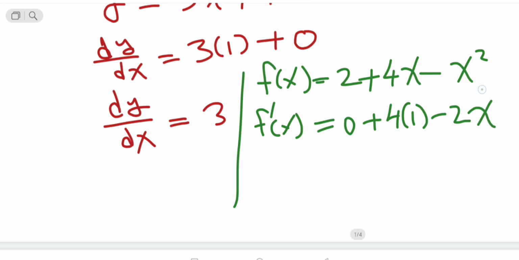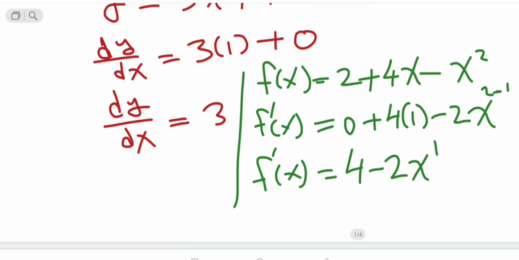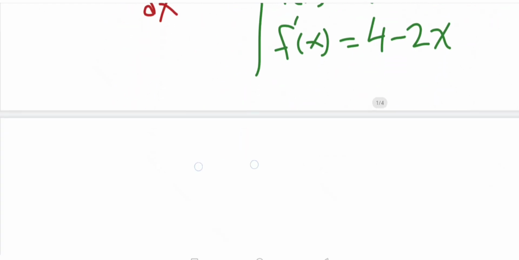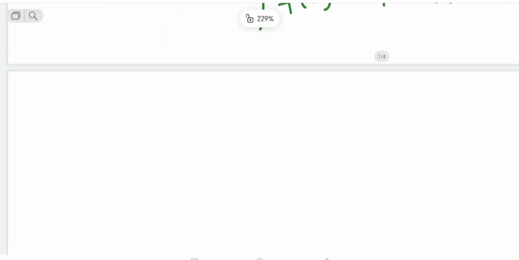And the rule is subtract 1 from the power. So let us simplify. f dash x is equal to 0, finished, 4 times 1 equal 4, minus 2, 2 minus 1, x power 1. 1 we don't write, so this is our answer, 4 minus 2x. I hope you understand.